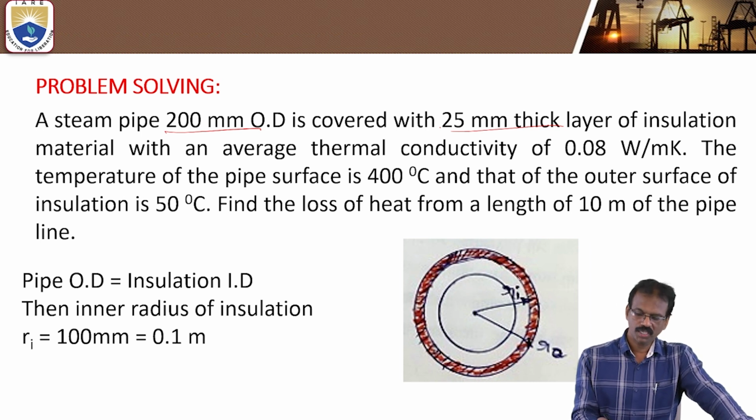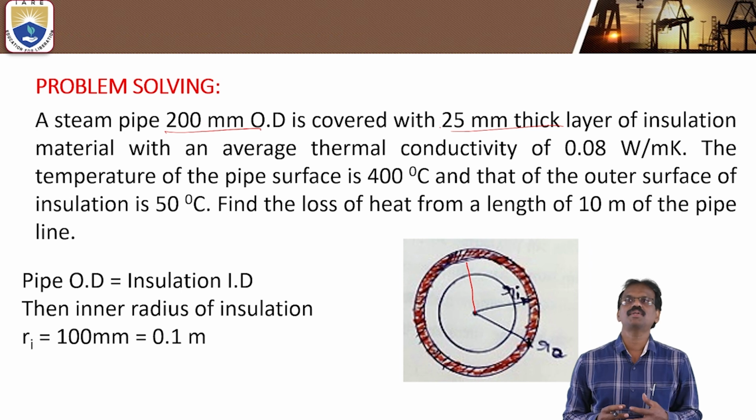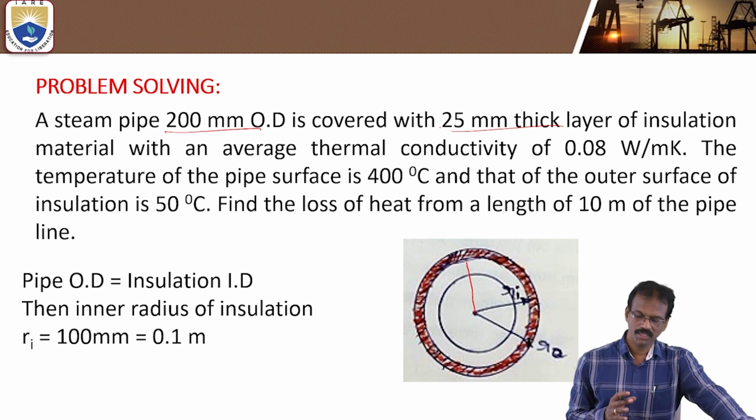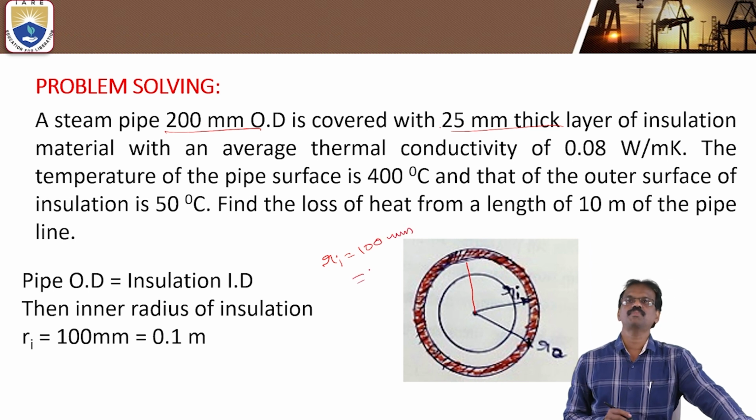The outer diameter of the hollow pipe is given; you can take the outer diameter of the hollow pipe as the inner diameter of the insulating material. Ri is the outer radius of the pipe or inner radius of the insulating material. Ri is equal to 200 mm diameter, or radius equal to 100 mm. You can convert it to meters: 0.1 meter.